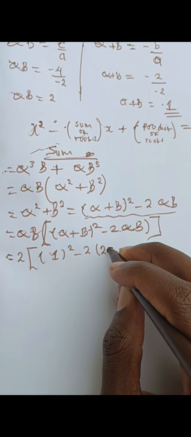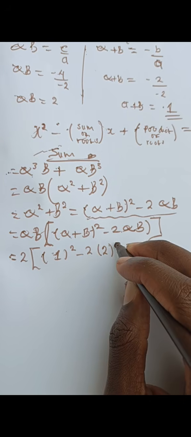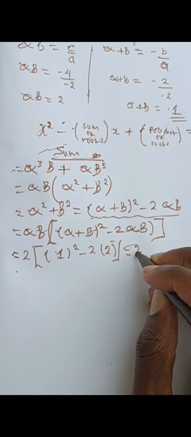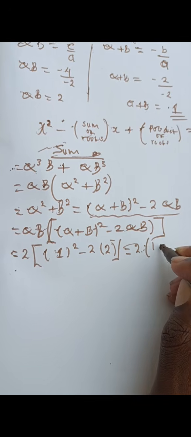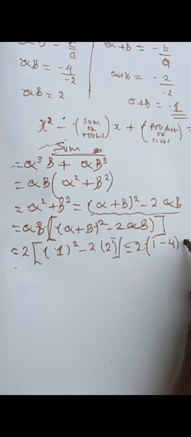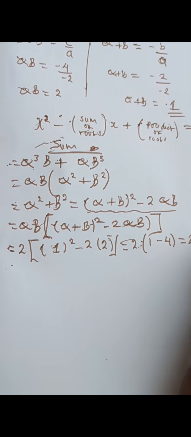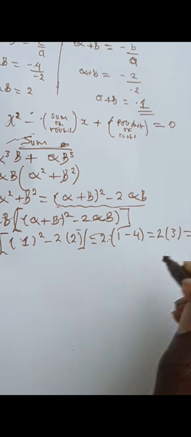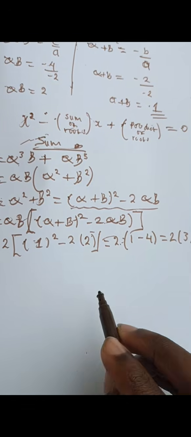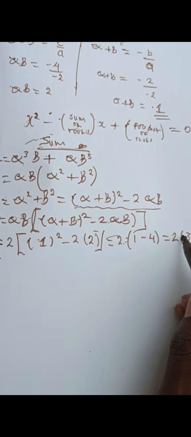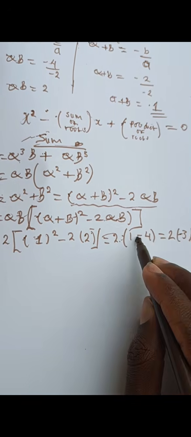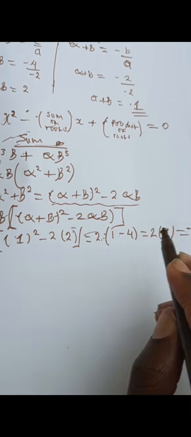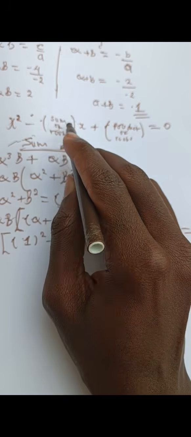Here it is 2, right? So when you simplify, you're going to eventually end up with 1 minus 4, which is 2 times 3, right? So the final answer is going to be 6. No, it's -6, since this one will be -3. Yes, so -6 is the sum. So negative 6 is what we're going to put here.